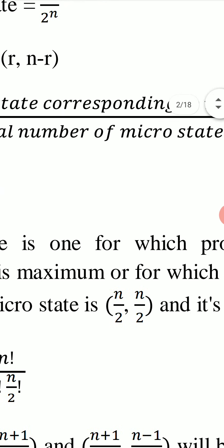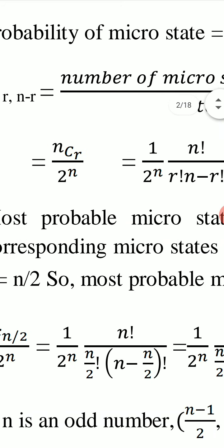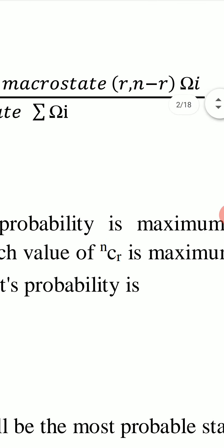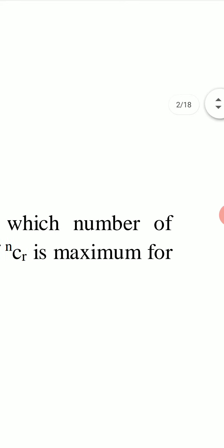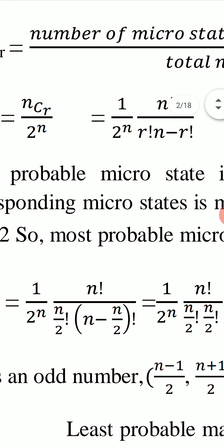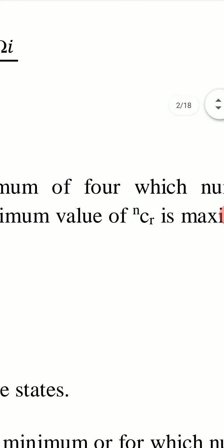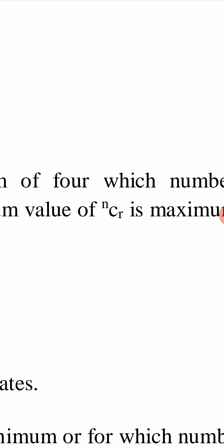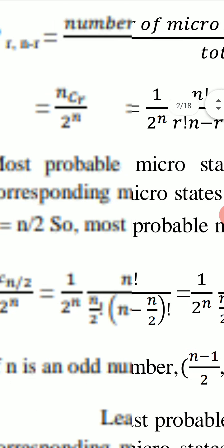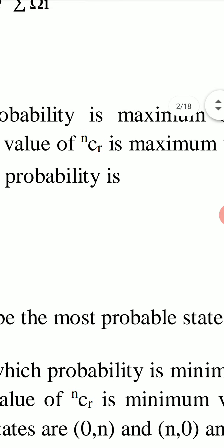The most probable macrostate is one for which the probability is maximum, or for which the number of corresponding microstates is maximum, or for which the value of NCR is maximum.